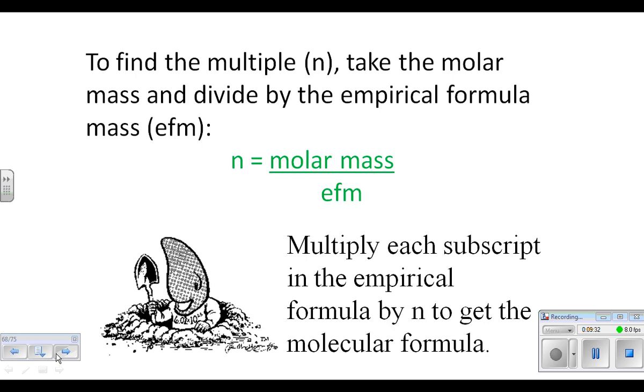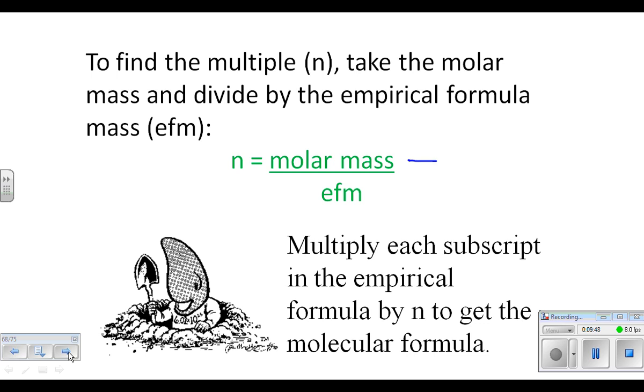All right. So to find the multiple, you're going to take the molar mass of the final compound. I would also call that sometimes the molecular mass.